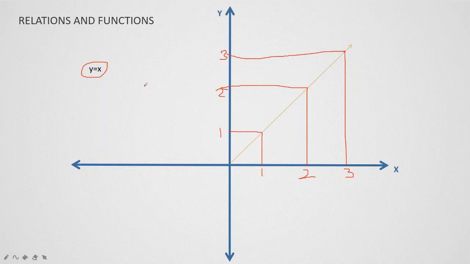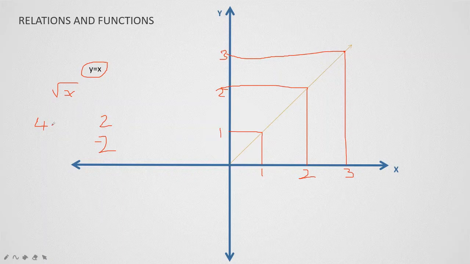Nope. For example, think about this relation, square root. If 4 is the input, and if I ask you to find the square root, what will be the answer? The answer will be 2, yes, and minus 2, because 2 square is 4, minus 2 square is also 4.